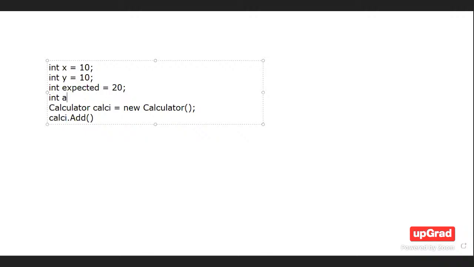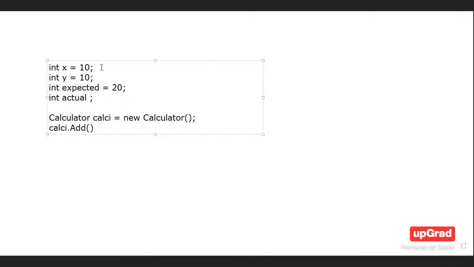Then I will have something called actual. Let's say integer actual is what we have here. Now whenever I call calc.add, I'll put x comma y here, and say actual is equal to that result.